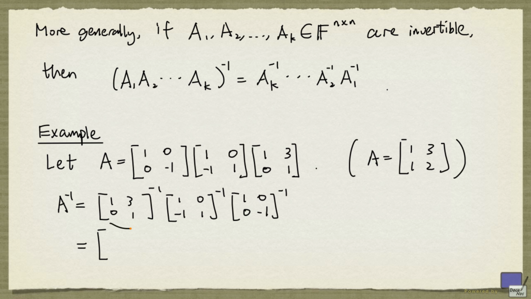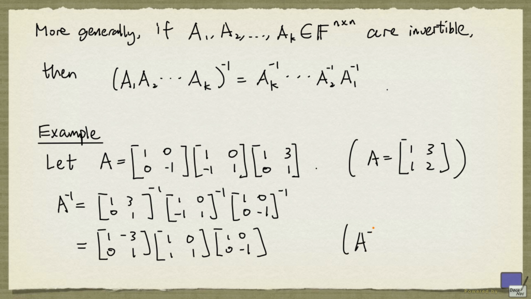So the inverse of this matrix will be [1, -3; 0, 1], times the inverse of this matrix is [1, 0; 1, 1]. And finally, the inverse of this matrix is [1, 0; 0, -1]. And if you choose to multiply this out, you'll get A inverse equals [-2, 3; 1, -1].